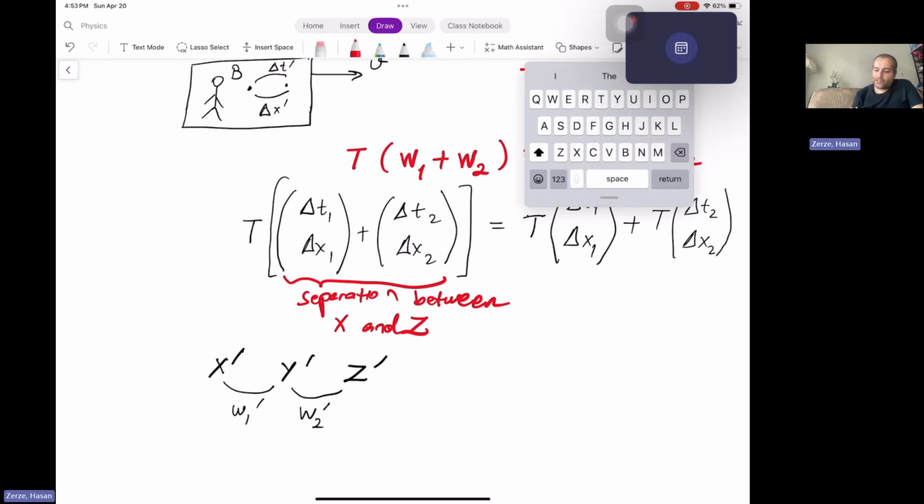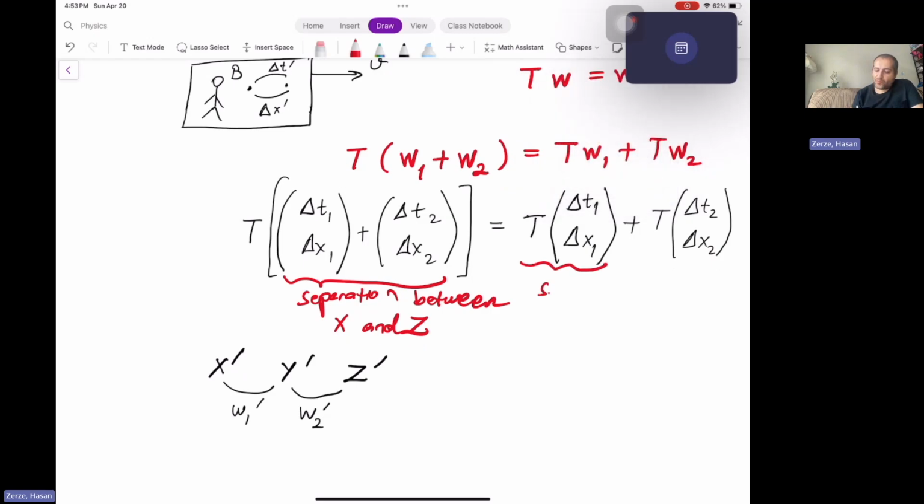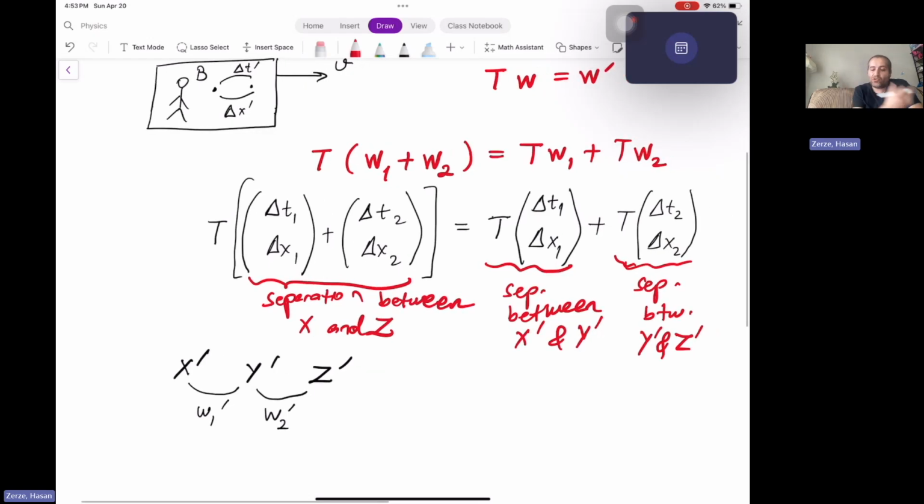So note that here, this is the separation between X prime and Y prime. And this one corresponds to the separation between Y prime and Z prime. So the sum of the two is naturally the separation between X prime and Z prime.